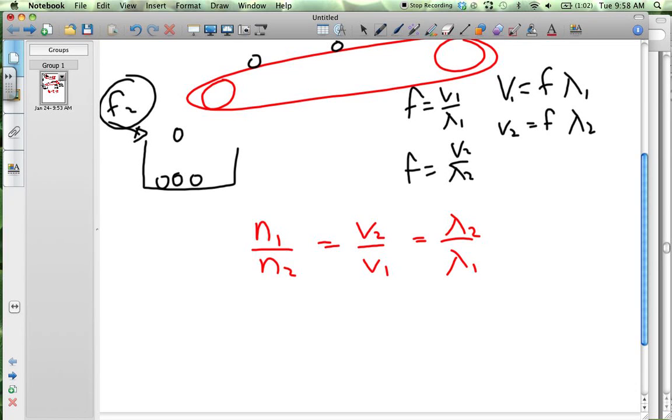It would follow the same, you see. Let me just add one more step here. Because velocity is equal to frequency times the wavelength, and this one's equal to frequency 2, then you can cancel out the frequency and you get your lambda 2 over your lambda 1, like that.